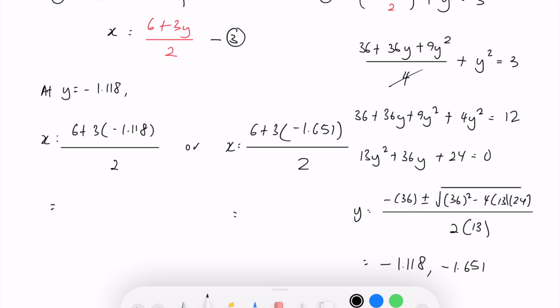Yep, so that's 1.323. That's your first x. Negative 1.651 times 3 plus 6 divided by 2. That is 0.5235. So those are your 2 x's and those are your 2 y's.